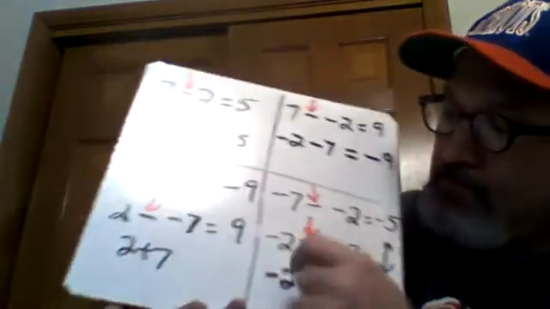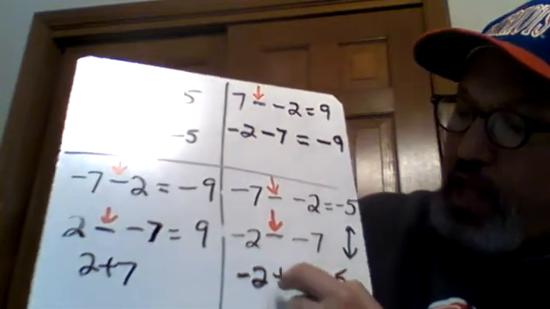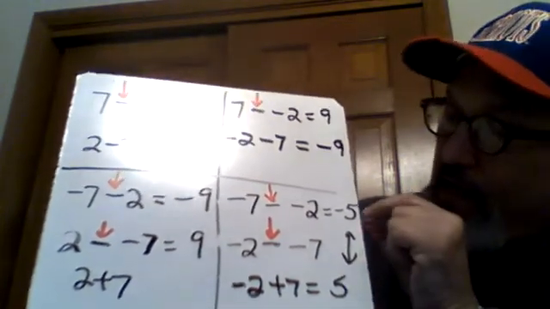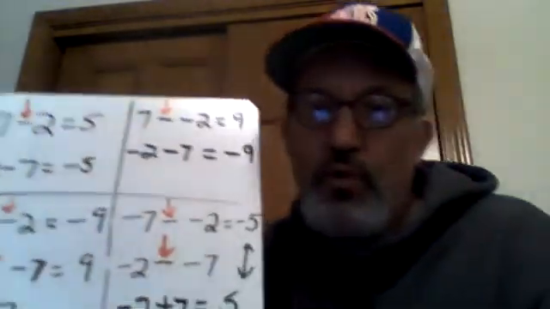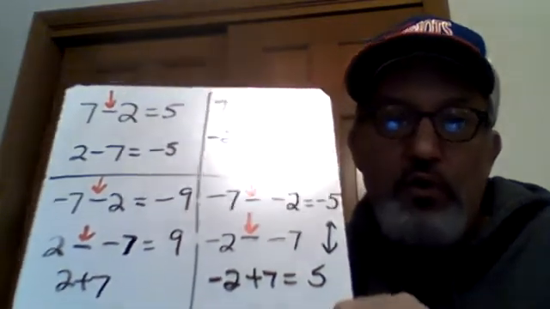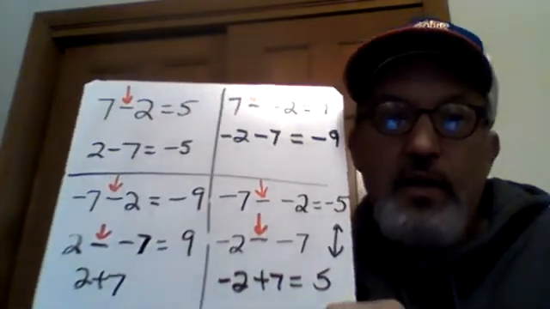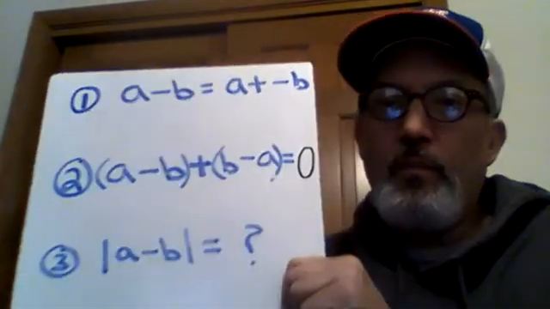So this becomes -2 plus 7, and -2 plus 7 is 5, right? -2 minus -7 is -2 plus 7, and that is 5. And that 5 is the opposite of -5. The point here is, no matter what two numbers you are subtracting, if you reverse the order of the subtraction, you get the opposite of the other answer.